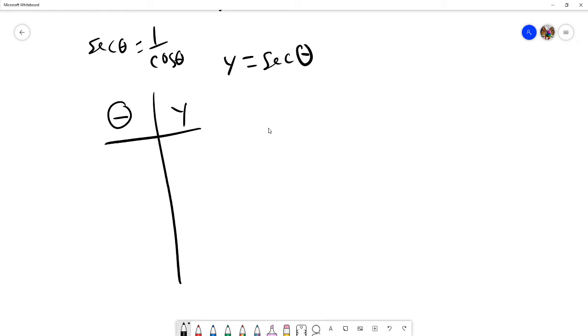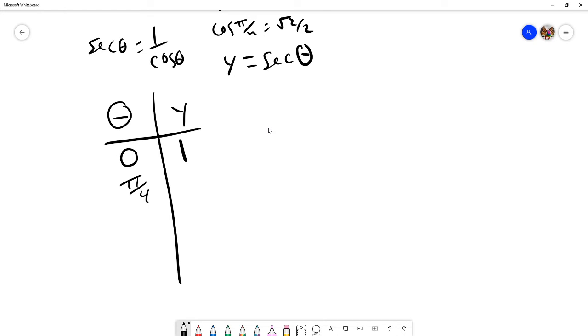So let's start. If I plug in 0, well, cosine of 0 is 1, so 1 over 1, that's 1. How about pi over 4? So cosine of pi over 4 we know is square root 2 over 2, right?